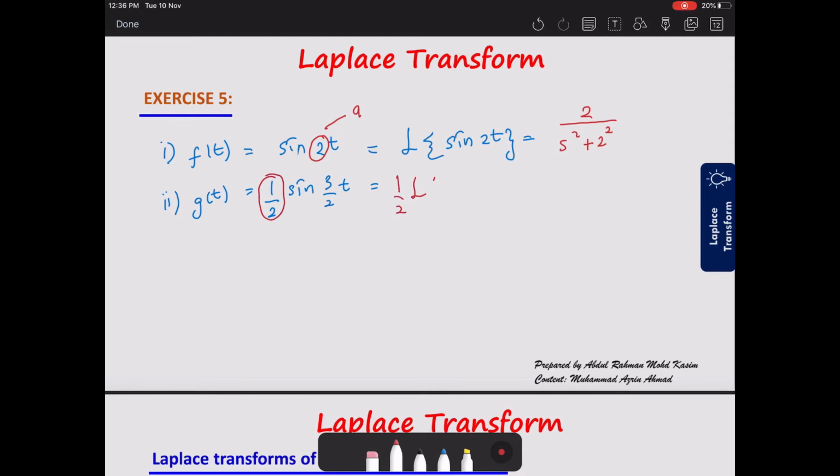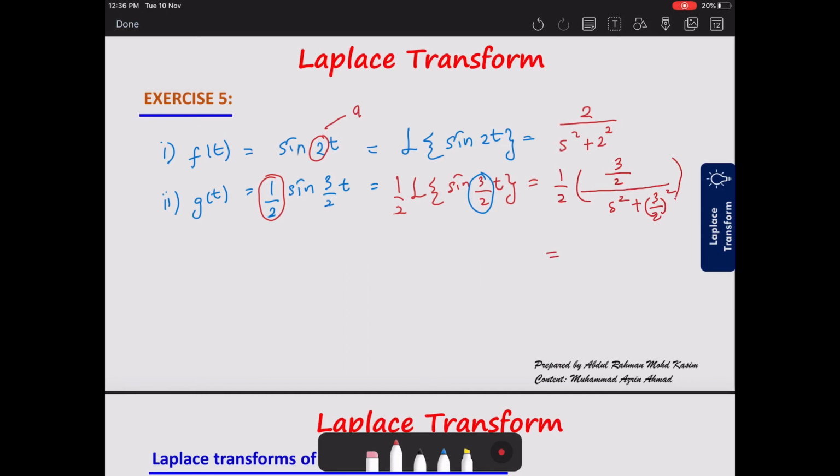So you just need to Laplace the trigonometric function over here. The first thing you need to do is recognize your a. So you have 1 over 2 as a constant, let it be a constant, and your a is 3 over 2, and then you have over s squared plus 3 over 2 squared. So you may simplify it.